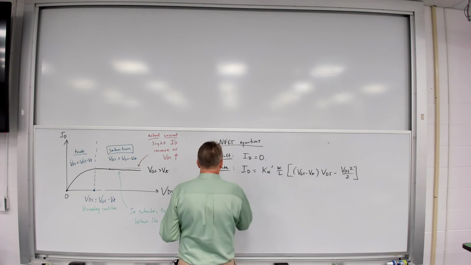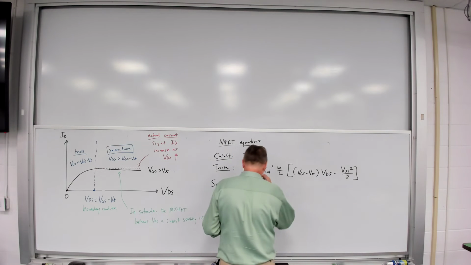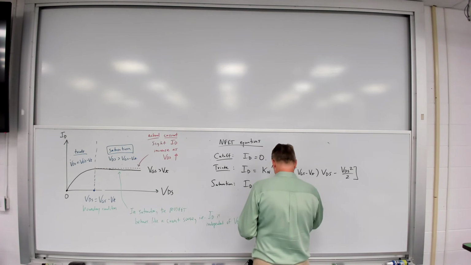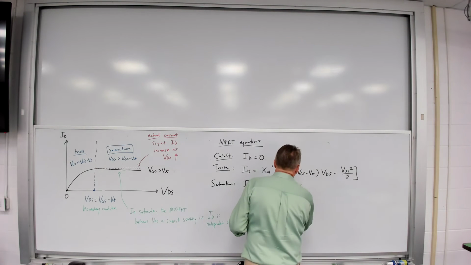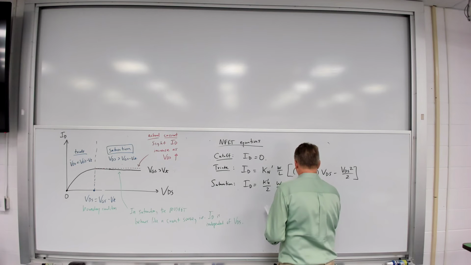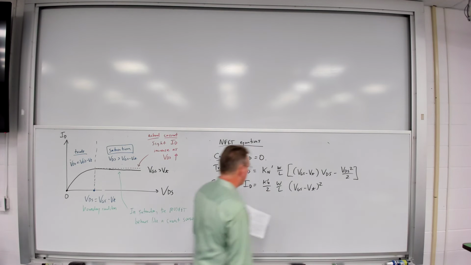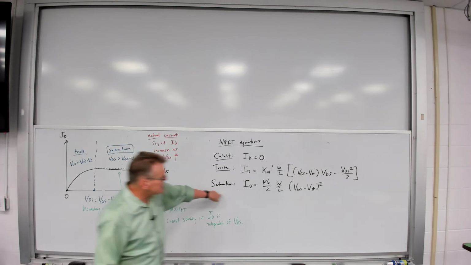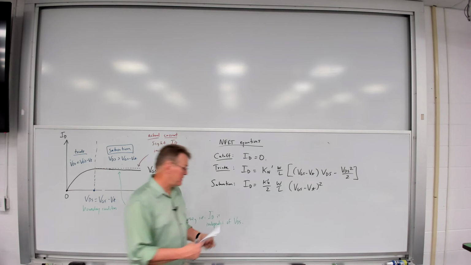And then in saturation, ID will be equal to K prime N over 2 times W over L times (VGS minus VT) squared. And as we said before, ideally, as we can see here, there's no VDS term. So ideally, this is independent of VDS.